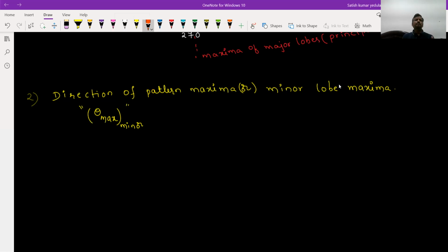For the N element array, there is only one thing that we know. In the previous derivation, we derived the most important expression, that is the array factor. Array factor is equal to 1 by N, sine N psi by 2 over sine psi by 2. This is the expression for the array factor.